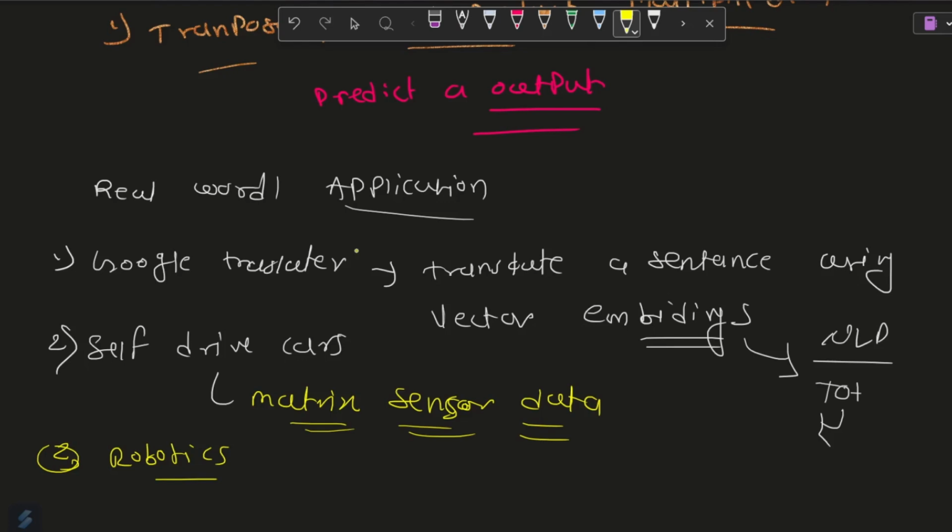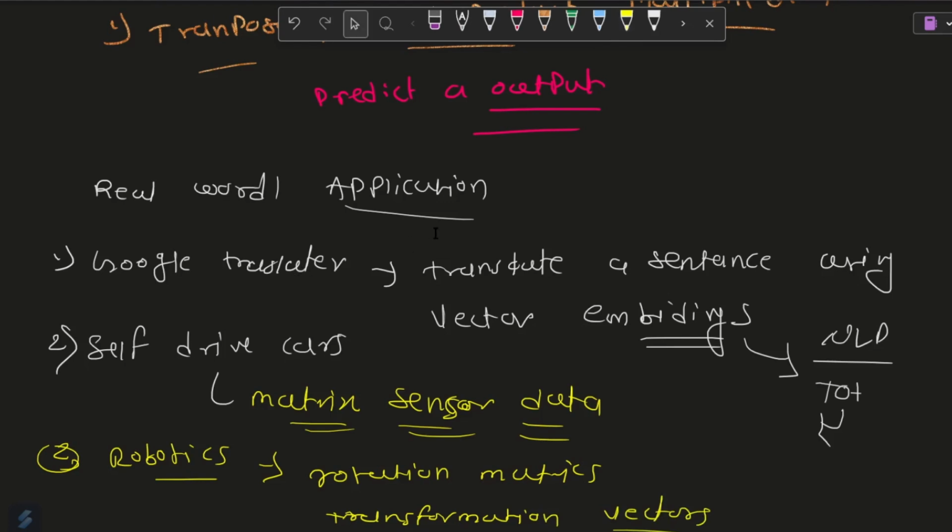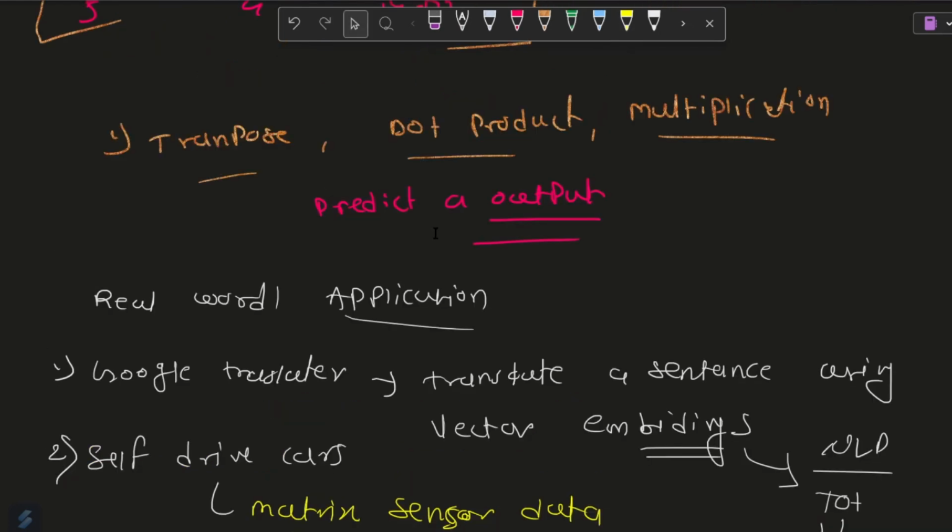In robotics, we use a rotational matrix and a transformation vector. These are all real world applications of linear algebra.